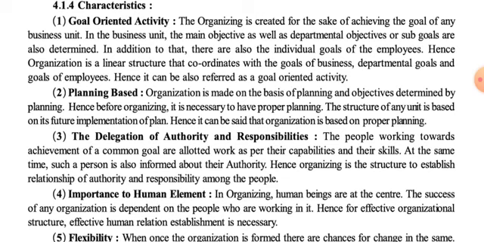So if you remember, or if you have noticed, that in each and every function, whether it is the functions of management, or the characteristics of planning, organizing, staffing or directing, the first characteristic is almost common in all of these questions, and that is goal-oriented activity.